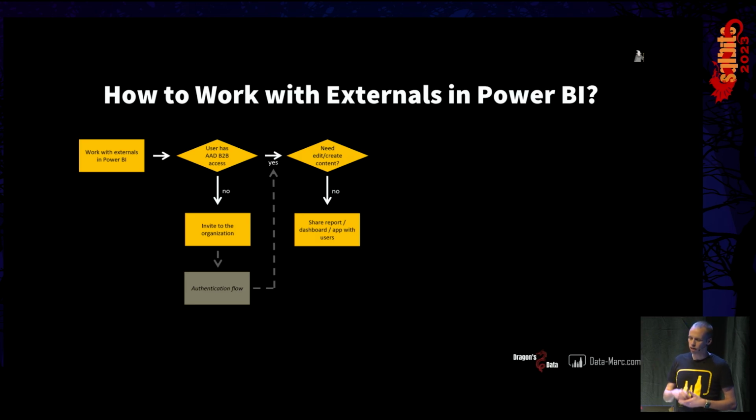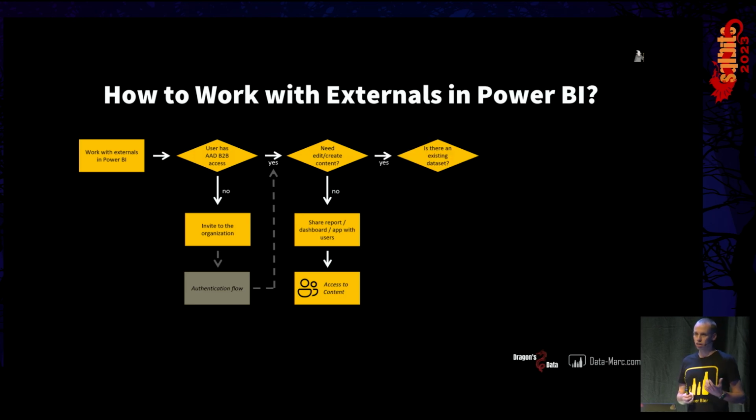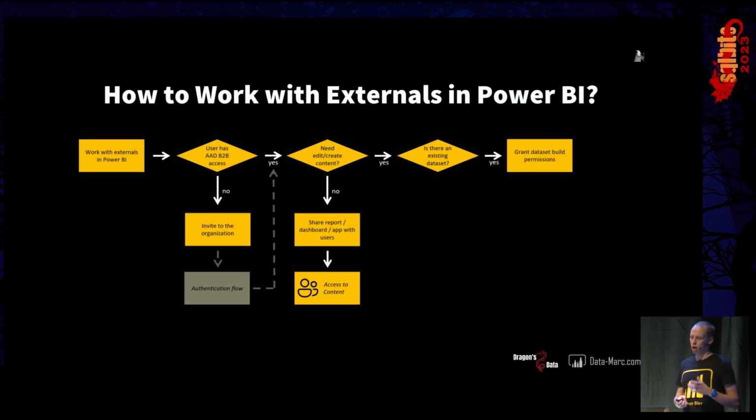If not, we can directly share the report, dashboard, or the app as we explained in the different sharing mechanisms. If we also need to build content, then the next question is, is there an existing dataset? If the dataset is already in place, we can directly grant build permissions to that dataset. And based on these build permissions, the user can start building a new report on top.